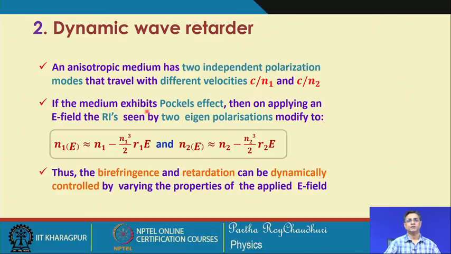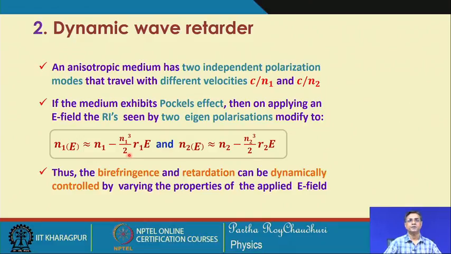In the medium, if it is a focal type of crystal, then on applying an electric field, the refractive index seen by the two eigen polarizations will be modified. As long as the electric field is present, we will have n 1 as the refractive index for one polarization, the other one n 2 is this, and therefore, there is a birefringence induced between these two as long as the electric field is present, apart from the fixed birefringence which will come from n 1 and n 2, that is the static birefringence, which is independent of the external voltage.